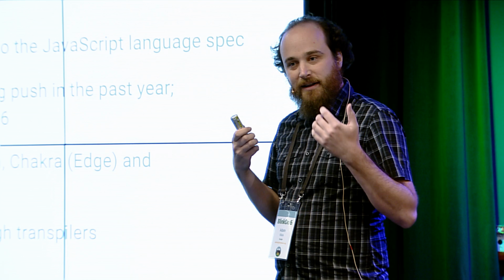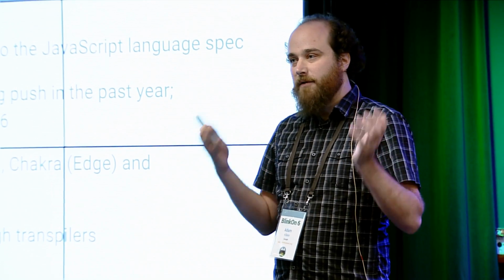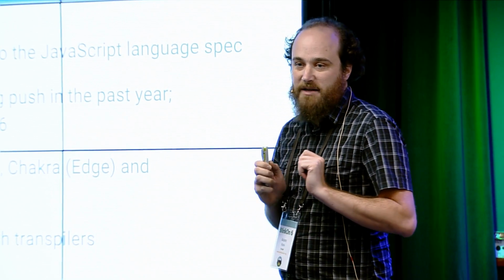So SpiderMonkey and Firefox, Chakra and Edge, and JavaScript Core and Safari all have pretty good support at this point for ES 2015. It's already in pretty broad use by web developers through transpilers like Babel and TypeScript, but we're also hoping that once we have this suite of different engines all supporting it, developers on the web who are targeting modern browsers can really just focus on shipping this without transpiling.